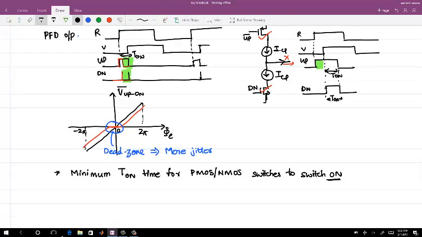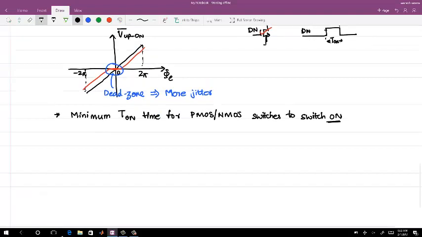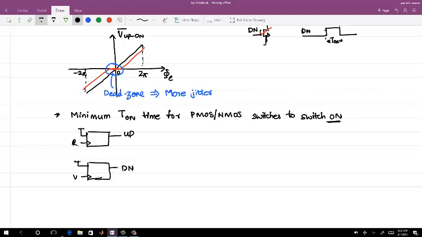And the way you can do this is for a PFD. We had this D flip flop, which we use for the up. So we have R, V, output is down. What we were doing initially was resetting both up and down when both of them go high.